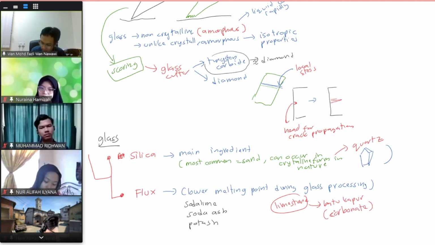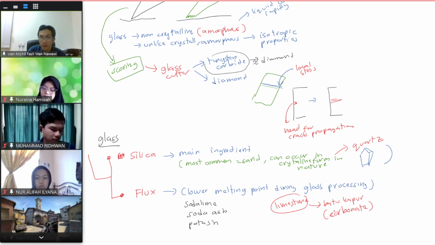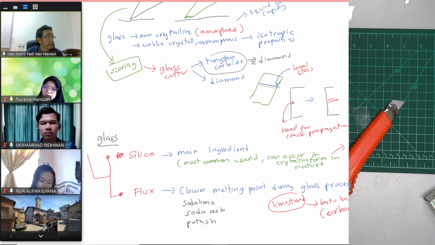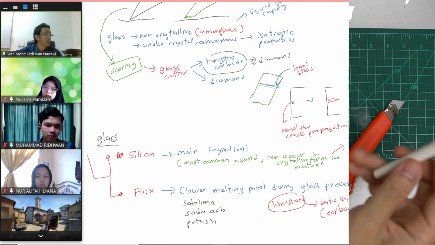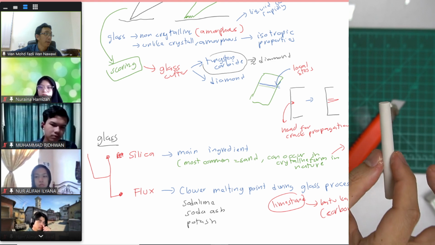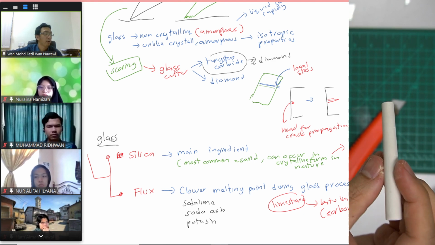Carbonate. When you see something like this, for example, this is kapur, this is chalk. The chalk is made of calcium carbonate. It comes from this limestone.